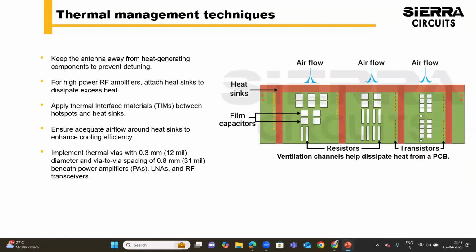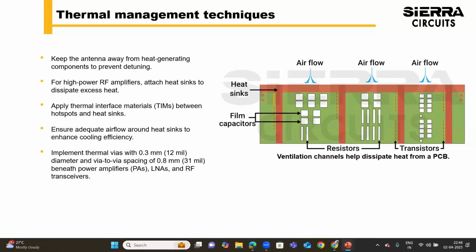So in addition to electrical considerations, thermal management is also vital in RF designs because excessive heat can degrade the performance. So we have some strategies here to keep things cool. Keep the antenna away from the heat generating components to prevent detuning. And for higher power RF amplifiers, attach heat sinks to dissipate excess heat.